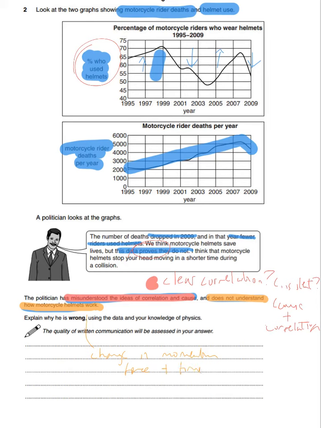You can always write pretty much the same answer as when we're describing seat belts and what they do, crumple zones on cars, that kind of thing. So we want to explain it in terms of change in momentum and force and time, because he isn't able to do that.